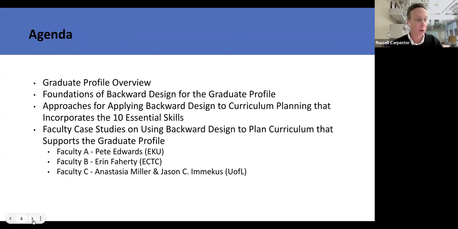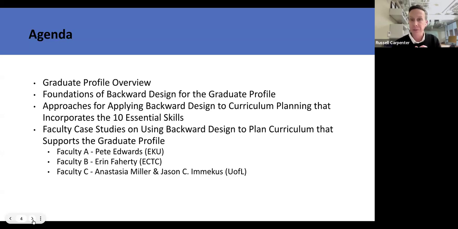So our agenda for this webinar is that we'll focus on the graduate profile. We'll introduce you to the graduate profile and ensure that you have the context that you need for understanding the 10 essential skills. From there, we'll provide the foundations of backward design for the graduate profile, and then approaches for applying backward design to curriculum planning that will ensure that you're prepared to incorporate the 10 essential skills.